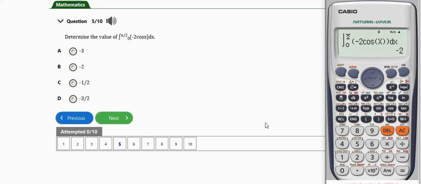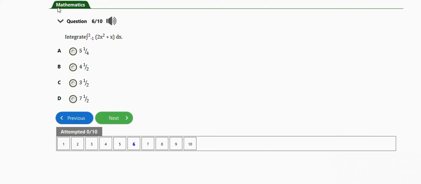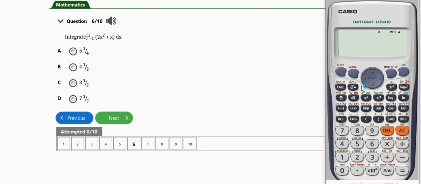Okay, so let's solve the next repeated question. Which this one, it says integrate this function. So this is still definite. Let's bring the calculator. For this question, we make use of this function, this sign. The upper limit is 2, the lower limit is -1.